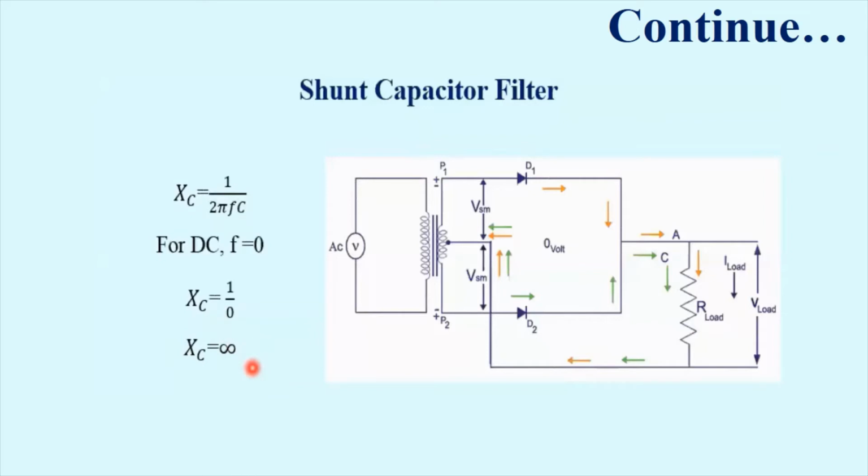So according to this formula, we will see where we can place capacitor in our circuit diagram, in series or the parallel fashion. We have already seen at the output of rectifier, we have AC and DC voltages.